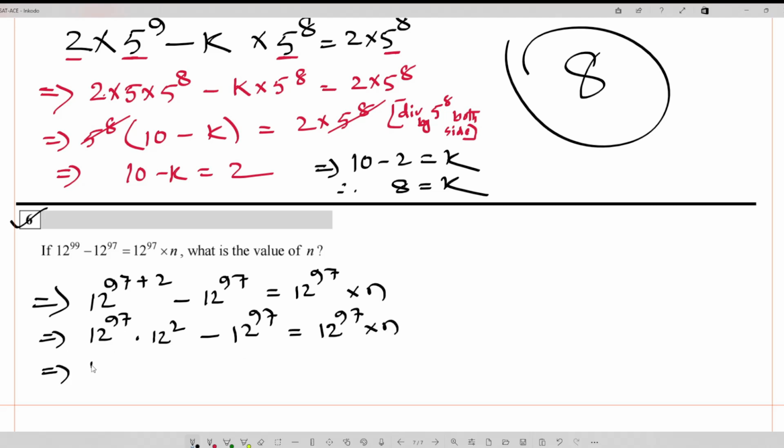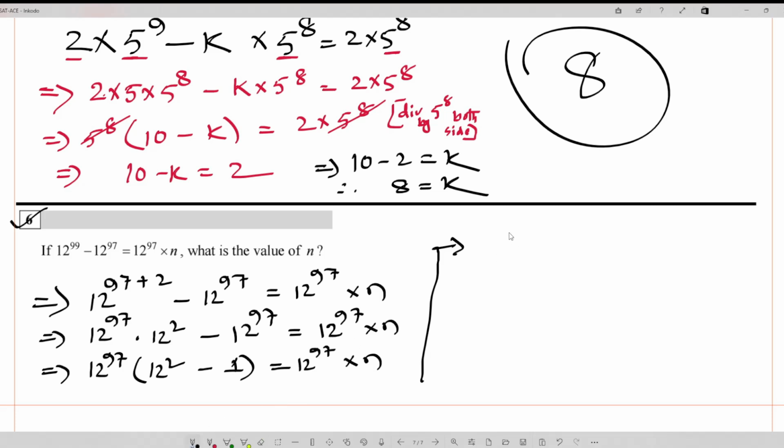So we can take common 12 to the power 97. So here is 12 squared, right? And here is minus 1, equals 12 to the power 97 times n. Now we can divide both sides by 12 to the power 97, right?